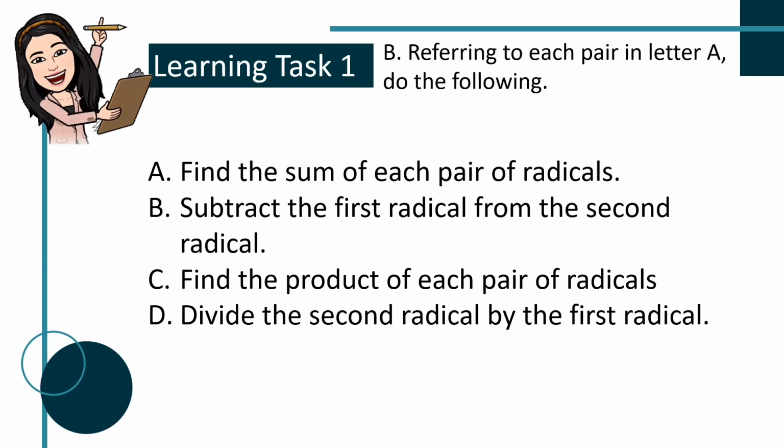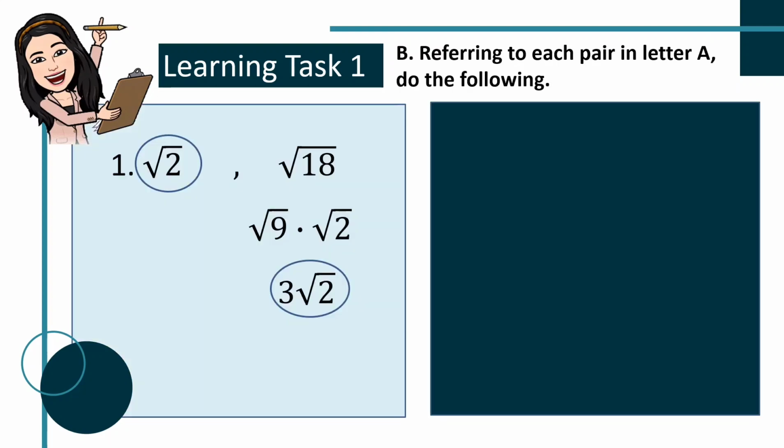Okay? So, para malinawan tayo dyan, I'm going to show you example. Here, doon sa letter A natin, ito yung naging sagot natin. Tama ba? Nakuha natin na ang pair natin ay square root of 2 and 3 square root of 2. So, this is the first radical. This is the second radical.